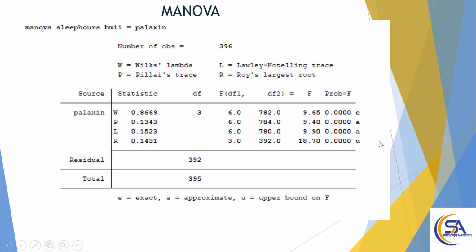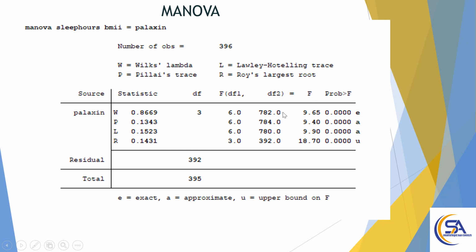So this gives you 4 tests: the Wilks' lambda, the Pillai's trace, the Lawley-Hotelling trace, and Roy's largest root. So you pick, depending on what you have, your research protocol, the one that you want.